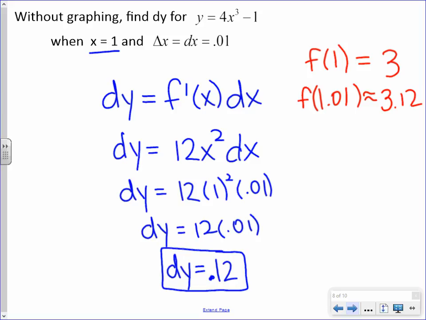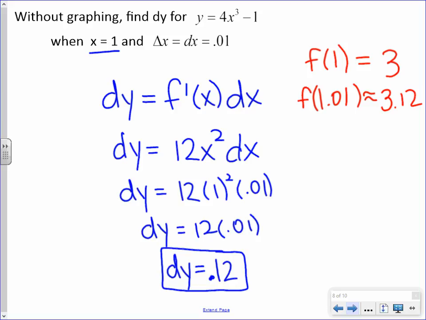We add the delta x, we add the dx, we add the dy. We moved along our tangent line for an approximation. That's what we did. Isn't that nicer than writing a tangent line equation? It's the same thing as writing a tangent line equation. We just do things in a different order.